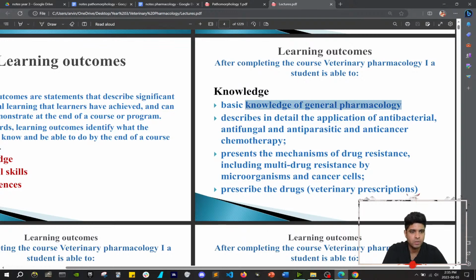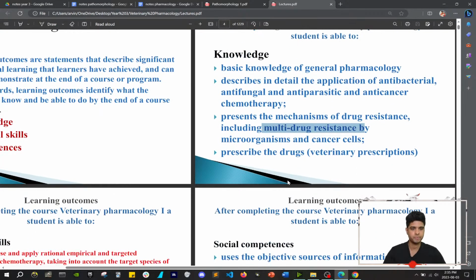Basic knowledge of general pharmacology. This describes in detail the application of antibacterial, antifungal, antiparasitic, anti-cancer. Presents the mechanism of drug resistance, including multi-drug resistant microorganisms, cancer cells.